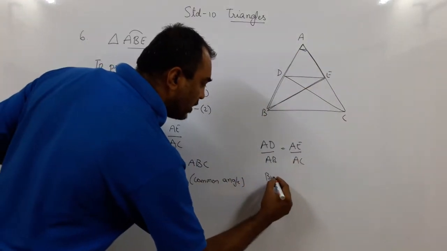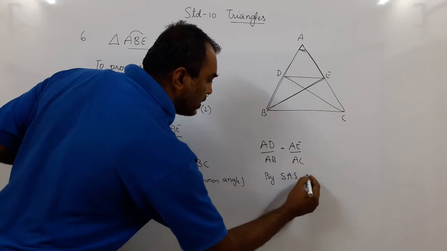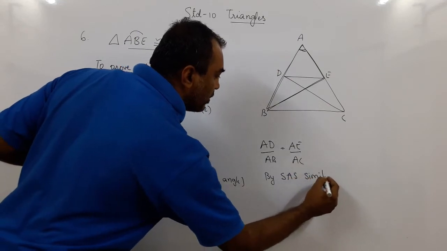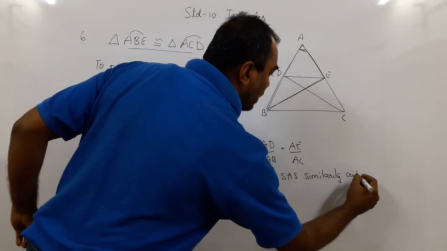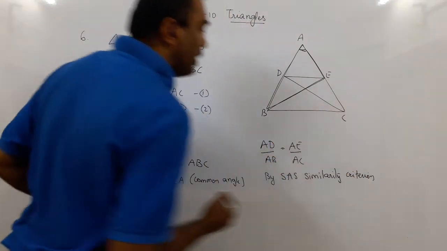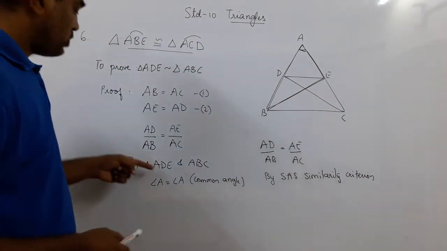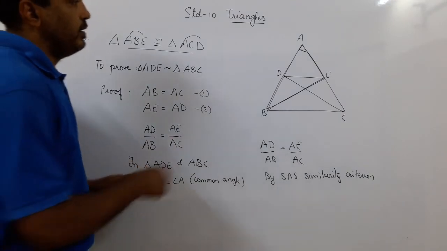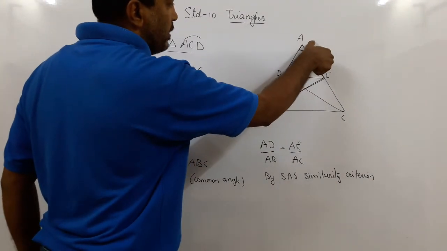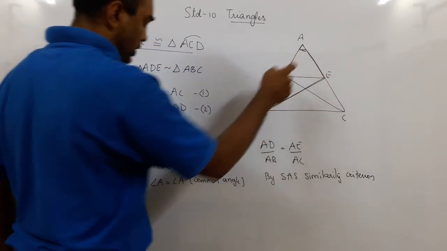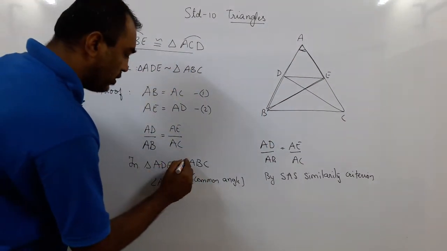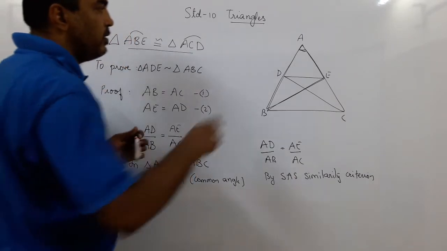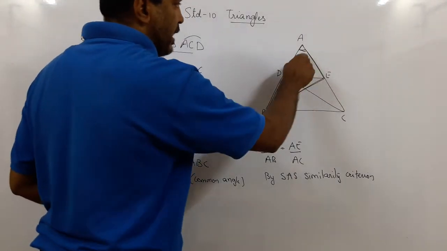So by which criterion? It is called the SAS similarity criterion. Why SAS? Look again at triangle ADE: AD and AE and the angle in between. Look at triangle ABC: AB and AC and the angle in between.